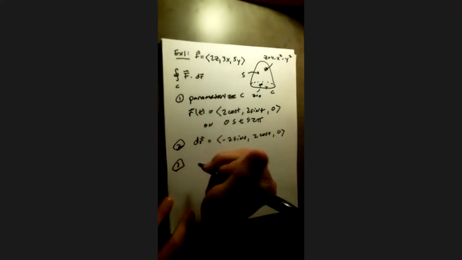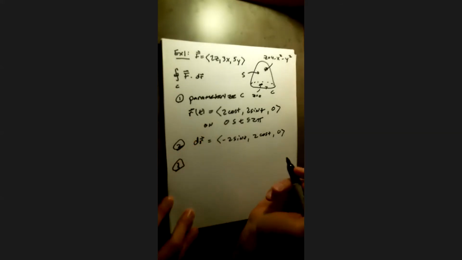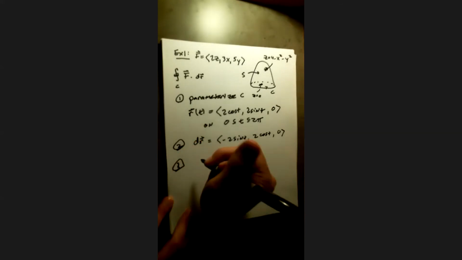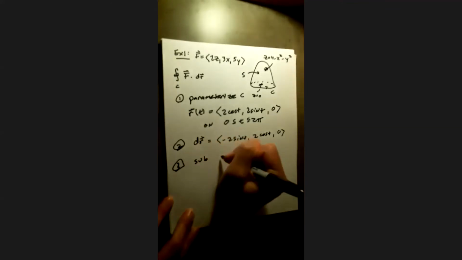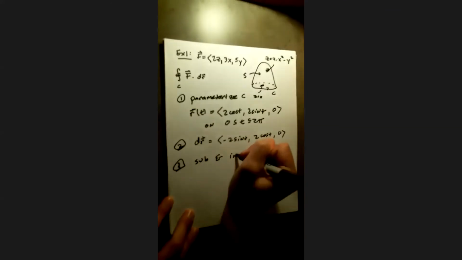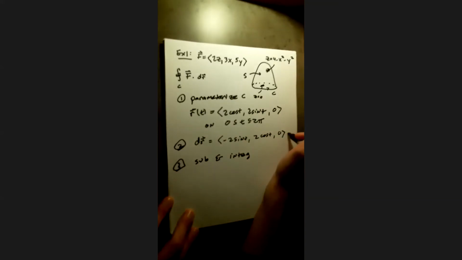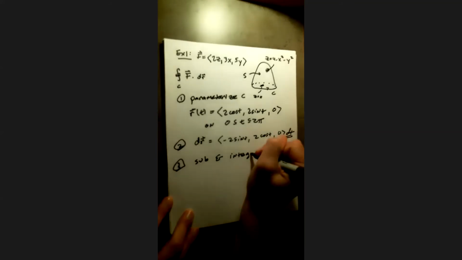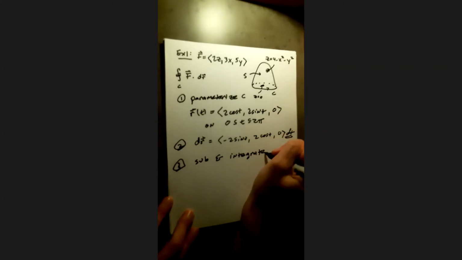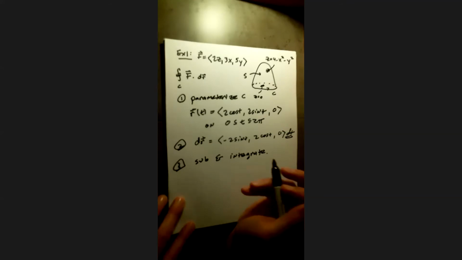And so then step 3 is to substitute and integrate. You missed dt, right? Thank you, Vu. We want to substitute and integrate.